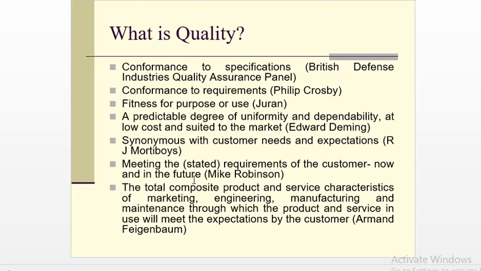Another definition, by Edward Deming, is that a predictable degree of uniformity and dependability at low cost and suited to the market is called quality. Then various definitions have come out based on the level of thinking. The total composite product and service characteristics of marketing, engineering, manufacturing, and maintenance through which the product and service in use will meet the expectation of the customer.